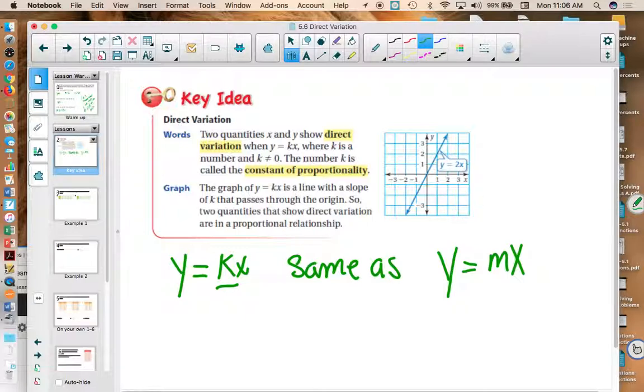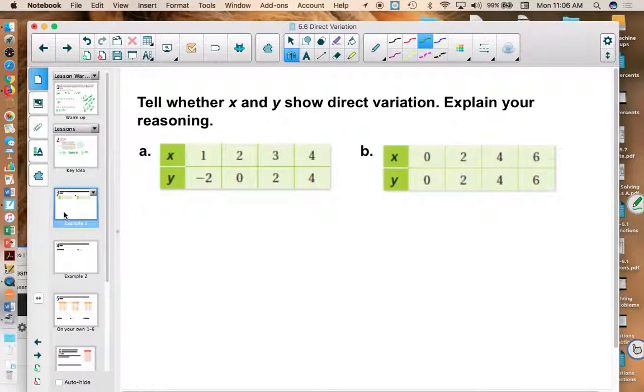Okay? Let's see what we can do with it. Here's what we're going to do today. Tell whether x and y show direct variation. Well, in order to tell that, I have to know that the rate of change is constant.